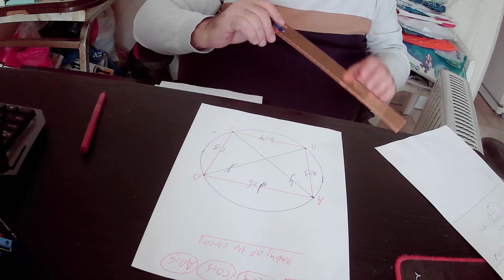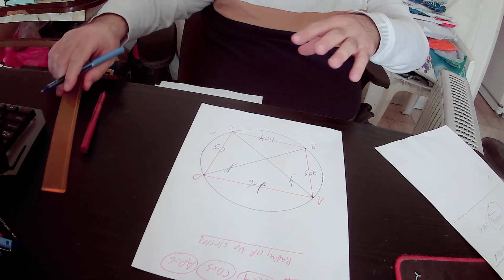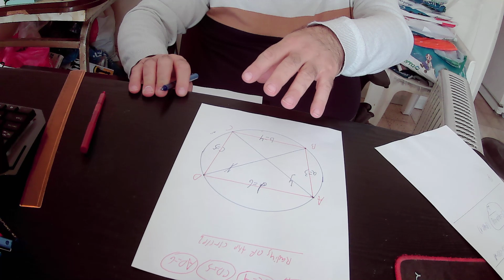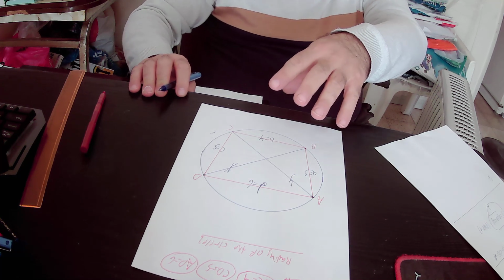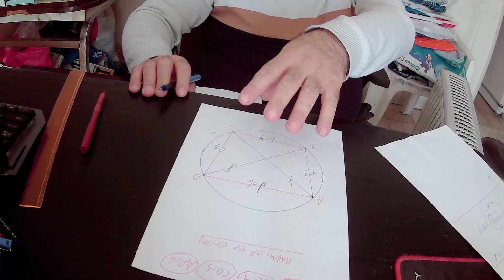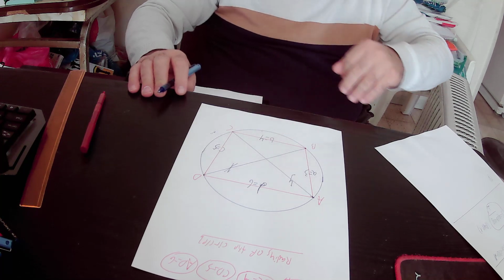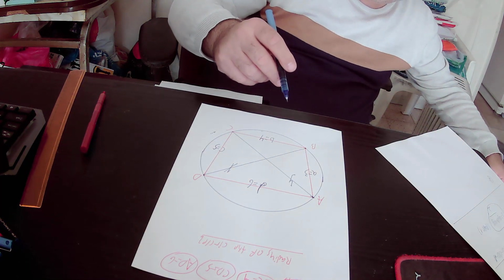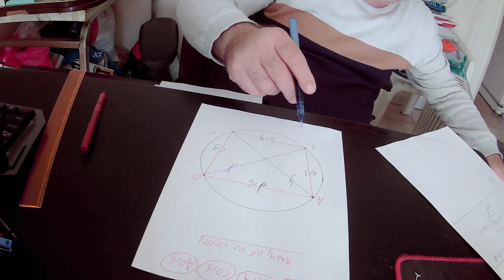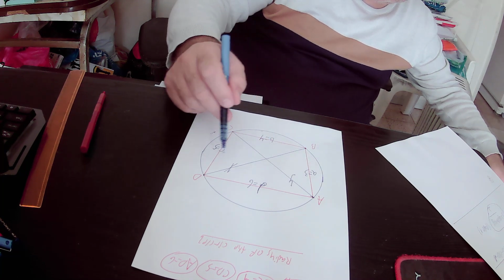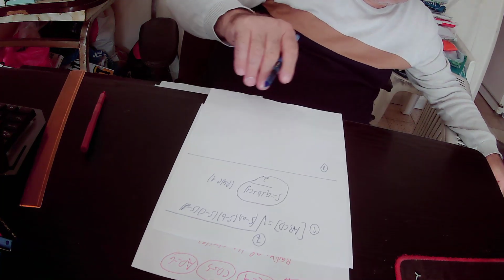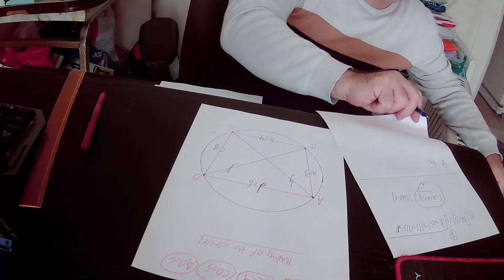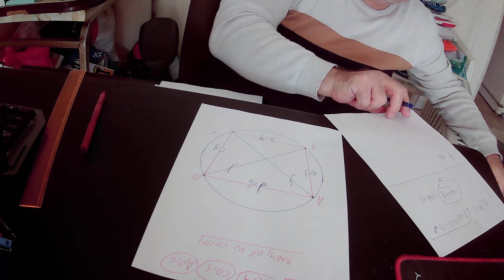So according to rule number 2, if we have quadrilateral ABCD, that could be any quadrilateral that is inscribed by this blue circle like in our drawing, then the product of its diagonals, that is to say X times Y, will be equal to the sum of the products of its opposite sides.